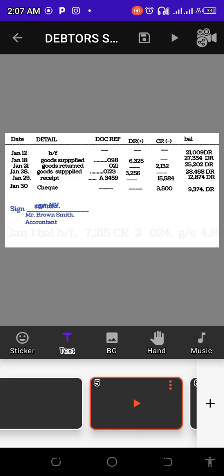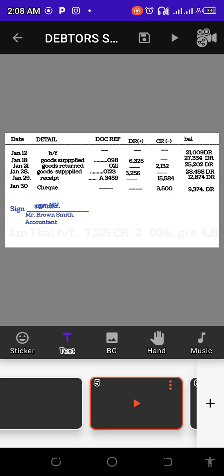So the amount that XYZ Consult is owing to Don Zion and Son as at the end of January, 30th January 2025, is 9,374.